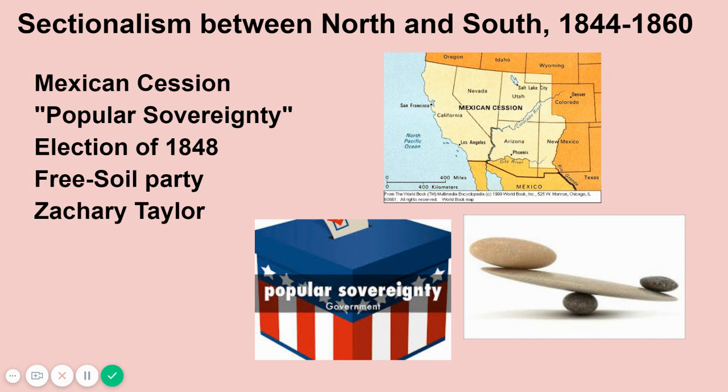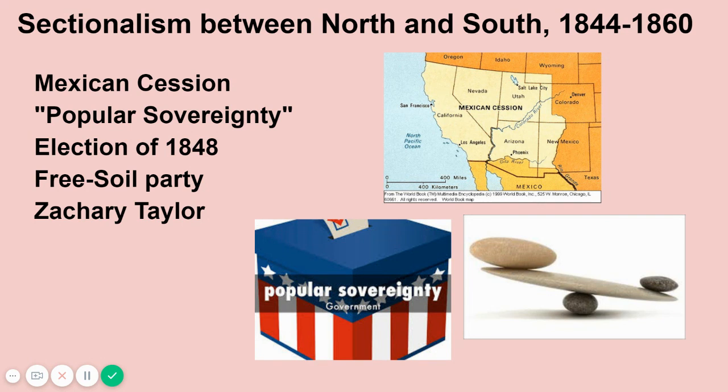A popular solution to this dilemma was the idea of popular sovereignty. Popular sovereignty is the idea that you let the people that live in those territories decide. Let them vote whether there'll be a free or slave state.